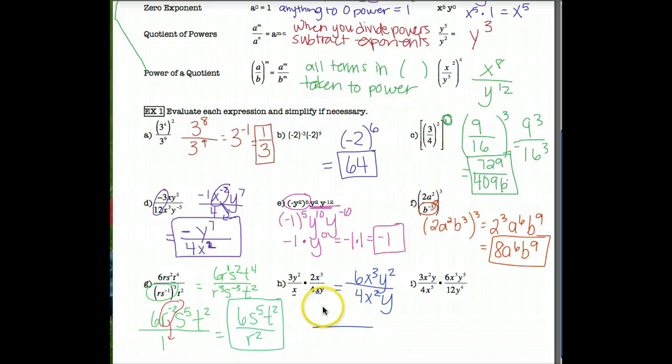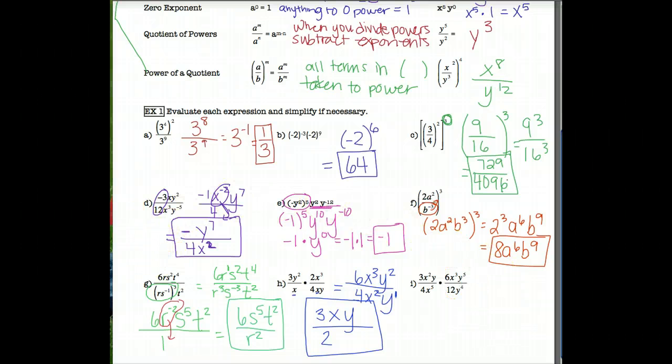So I need to make that a 3 and a 2. My x's, 3 minus 2 is 1, so x to the first. And then on the y's, remember this is an understood 1 if nothing's there, so 2 minus 1 is 1. So that's going to be 3xy over 2.